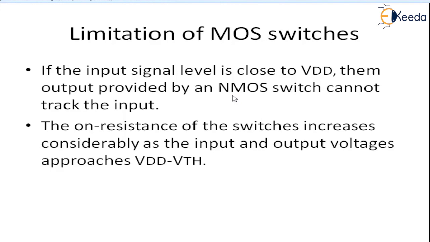Both of them are serious limitations of the MOS sampling switch. So the input signal should not be close to VDD, and the on resistance of the switch increases as the input and output values approach VDD minus VTH. So this is all. Thank you.